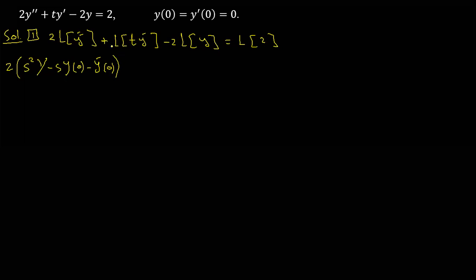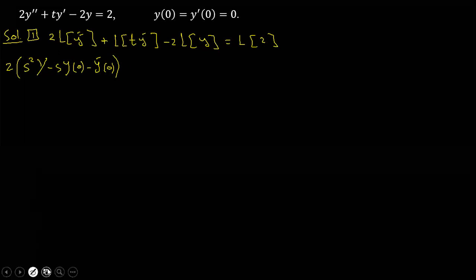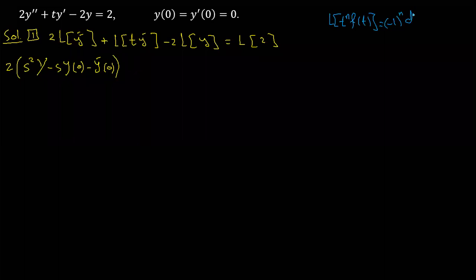Can I write Laplace of t times Laplace of y prime, or do we have a rule to find the Laplace of a product between two functions, where one of them is t? Laplace of t to the power n times f of t equals negative 1 to the n times the derivative of order n with respect to s of Laplace of f.